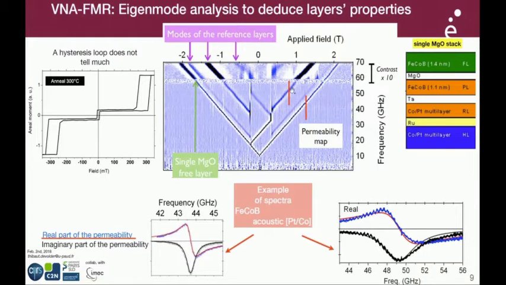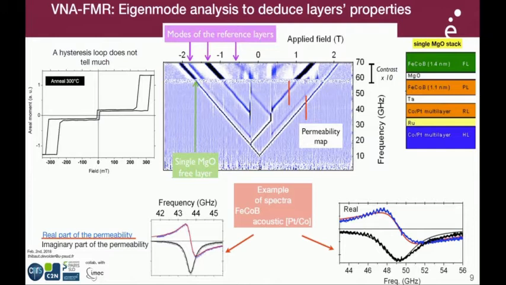While if you go to higher frequencies, you can look at the resonance frequency of the harder parts of the stack, and this is, for instance, the acoustic mode of the platinum cobalt multilayer in this system. Because it's a spectroscopy technique, you can address the part of the stack that you want simply by selecting the field and the frequency conditions.